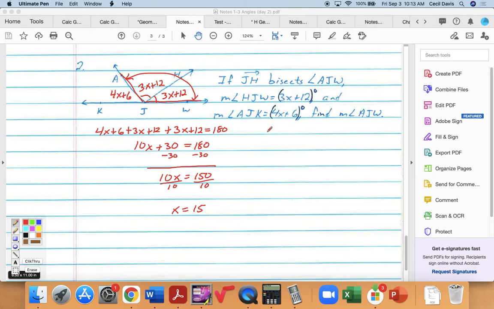Okay, so the measure of angle AJW, if you took 2 times 3x plus 12, Morrissey, what did you get for that part? 6x plus 24. Right. And then do what?